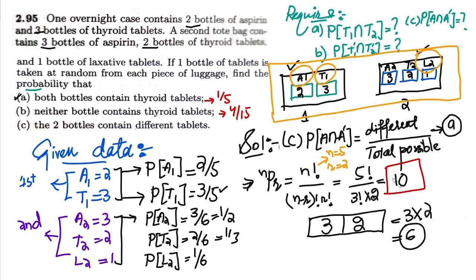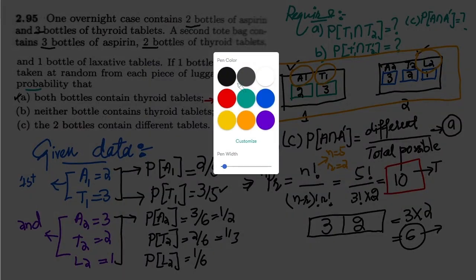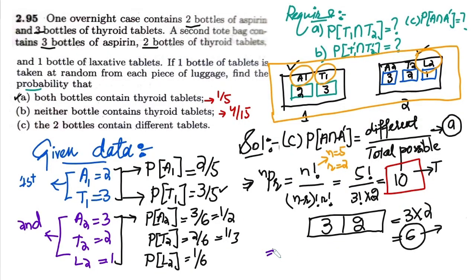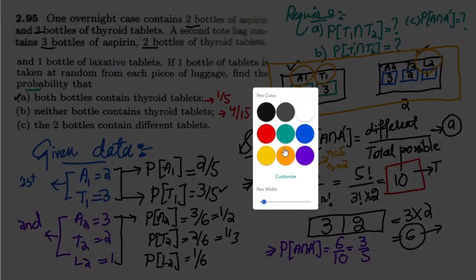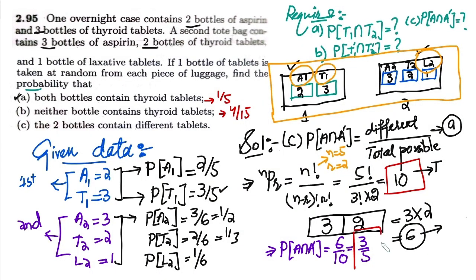So now putting these values in equation A, because this is the total number of possible combinations, and these are the different combinations I have to find out, what I will get is the probability of A and A prime, this would be 6 divided by 10, which will ultimately give me 3 by 5, and that is the solution of part C. Okay.